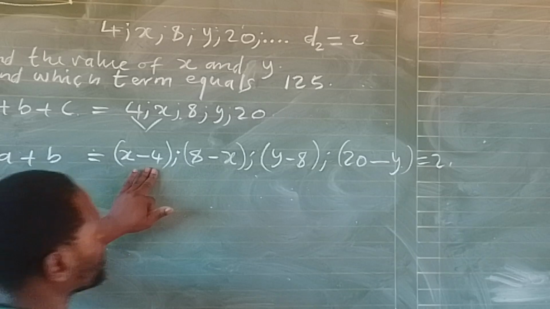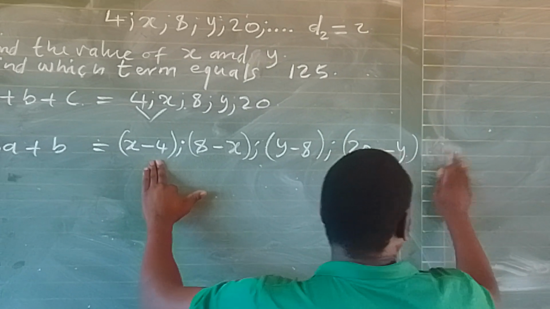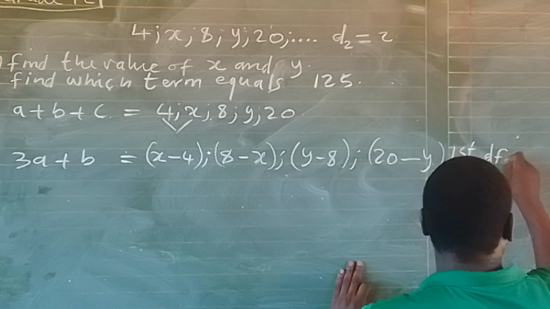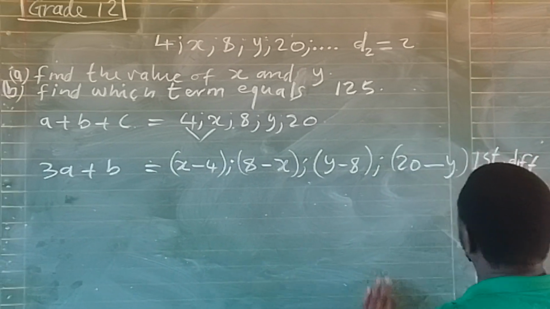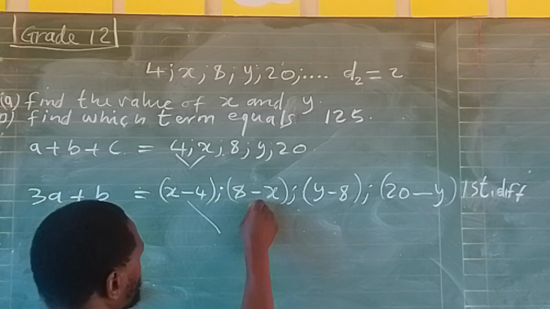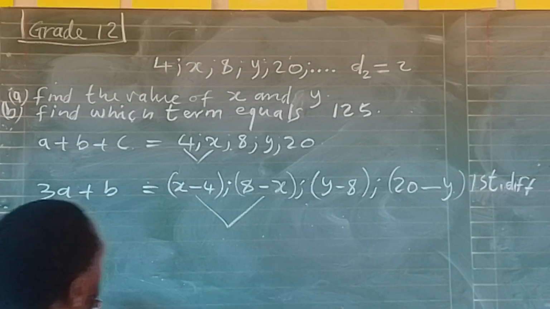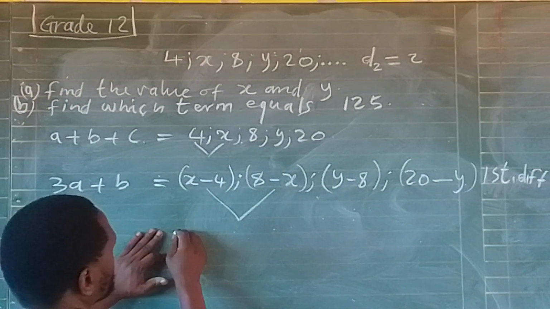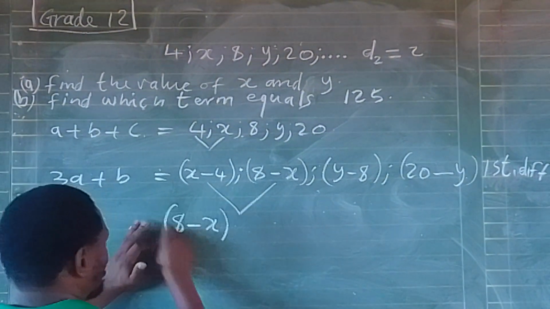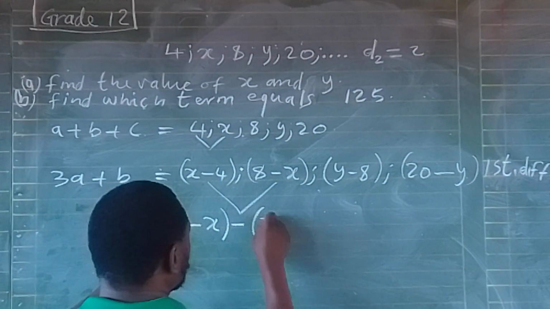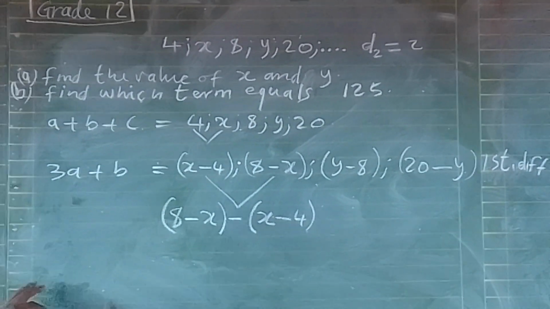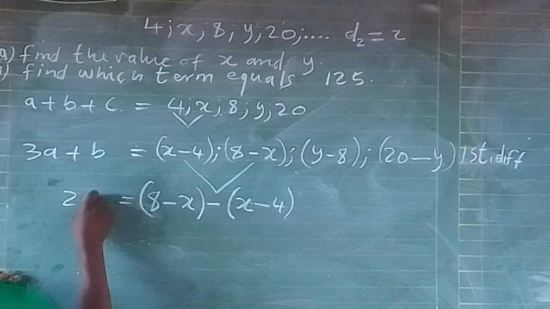No, this is not the second difference. This is the first difference. This is not the one that is equal to 2. The one that will be equal to 2 is the one that we are doing right now: 8 minus x, minus 4. This is the one that is equal to 2, which is equal to 2a.